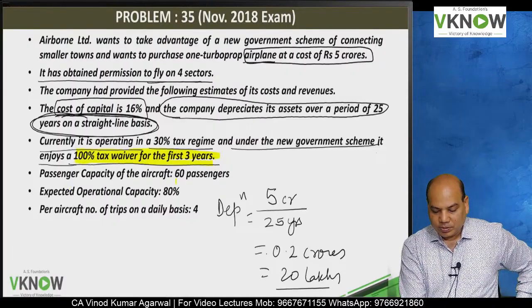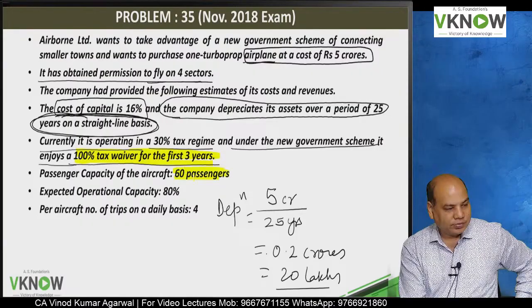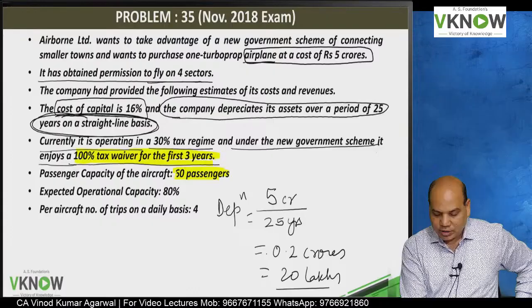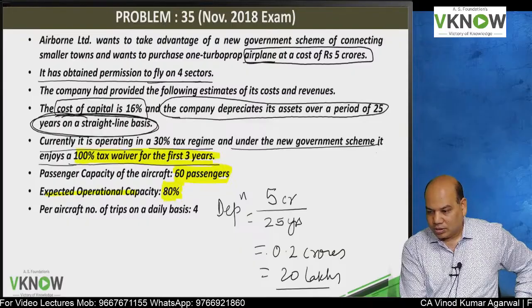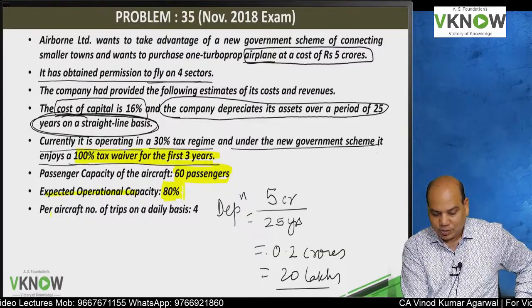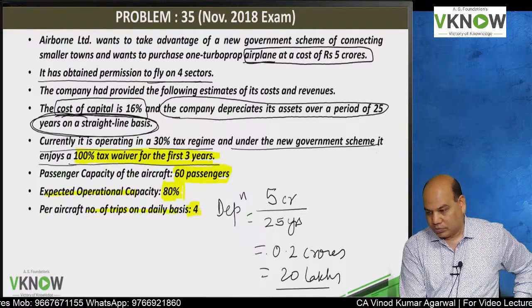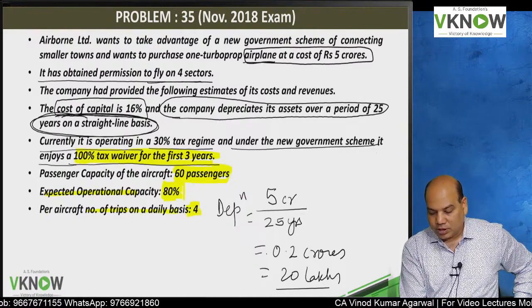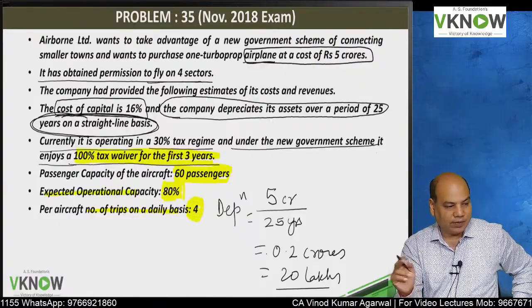Passenger capacity is 60 passenger. Small aircraft. 60 passenger means very small aircraft. But the operational capacity is going to be 80%. Expected operational 80. So you will not get 60 passenger. You will get 60 into 80%. You will get 48 passenger only. Per aircraft number of trips on a daily basis 4. So number of passenger multiplied by 4 will give you total number of passengers travelled per day.